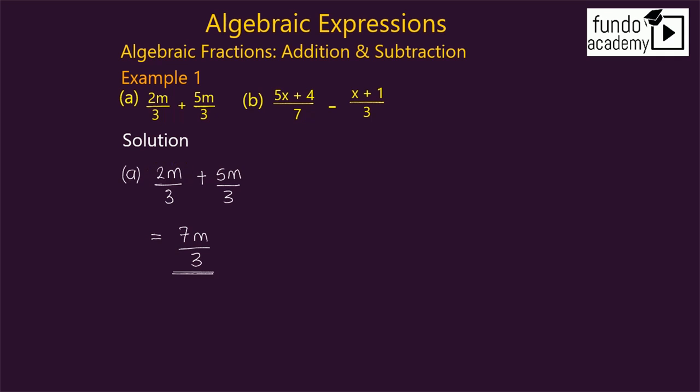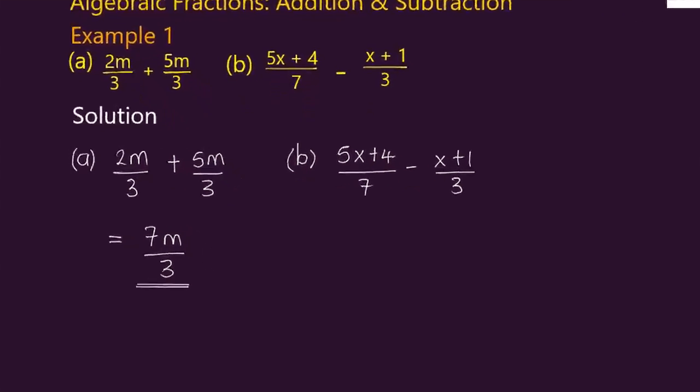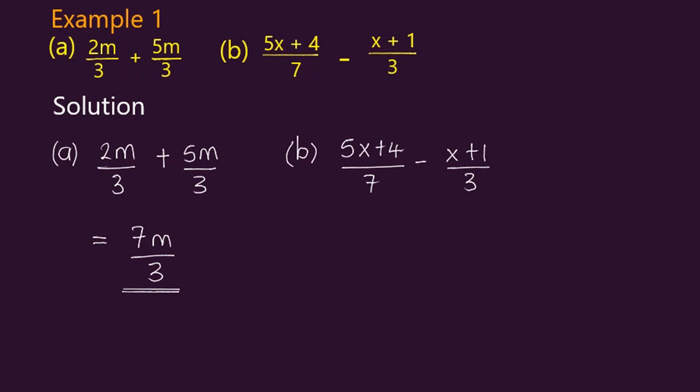That's part A. Let's go on to part B. We have (5x plus 4) over 7, minus (x plus 1) over 3. With this one, we do not have the same denominators for both algebraic fractions, like we did in part A. So it's not simply a matter of subtracting the numerators.